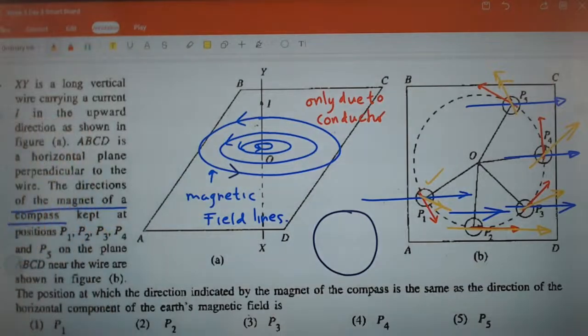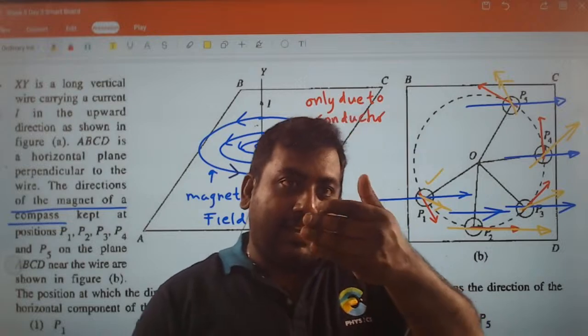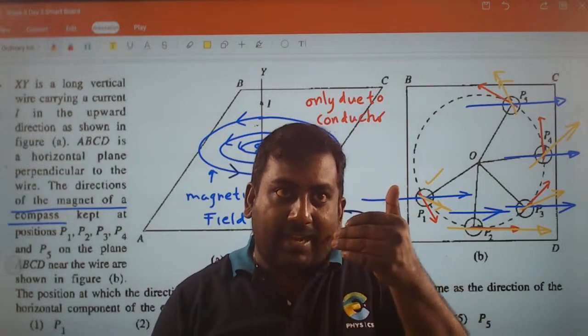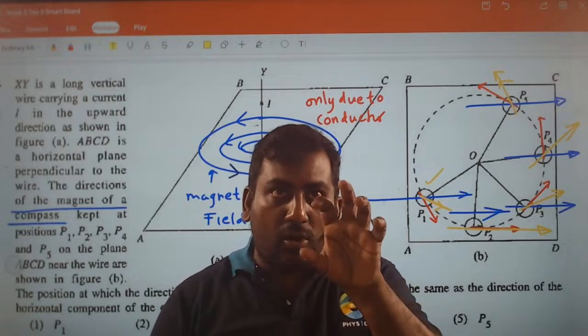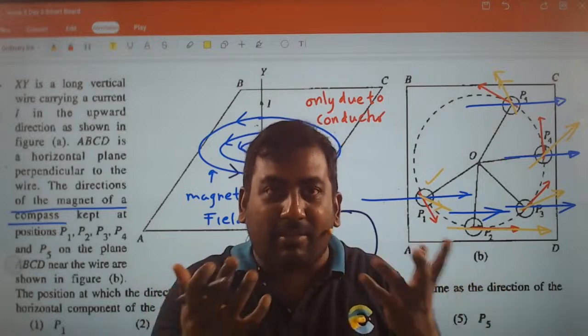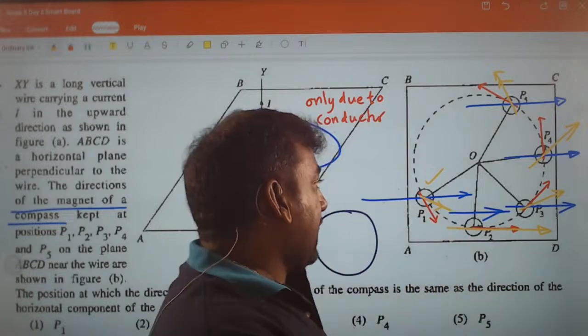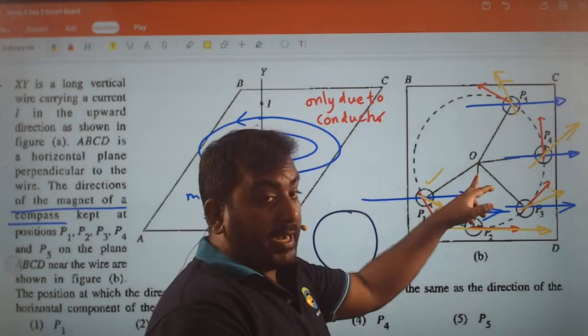Resultant is shown in yellow color. You don't understand this? Compass will indicate from the conductor along the tangent. So tangent drawn to an electric field line or magnetic field line will give direction, no? Same concept, no? So the direction of the magnetic field here is the tangent because of the conductor in red color.